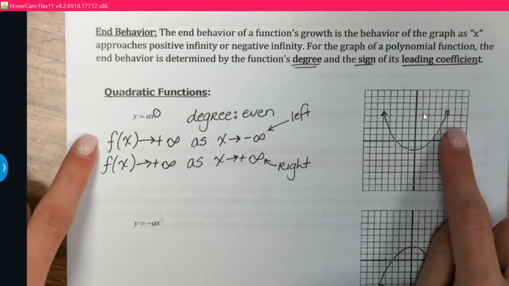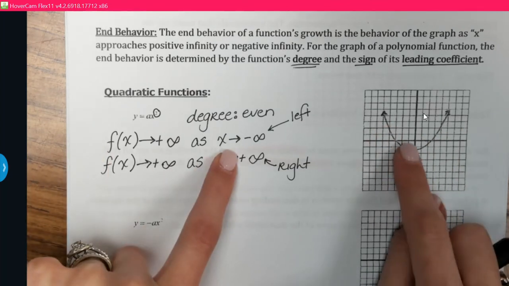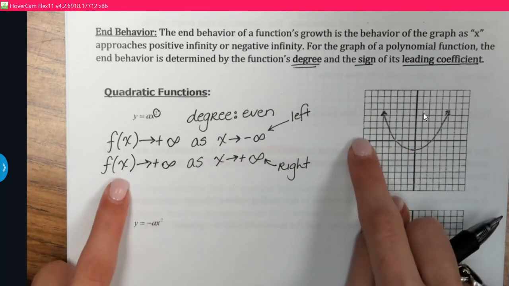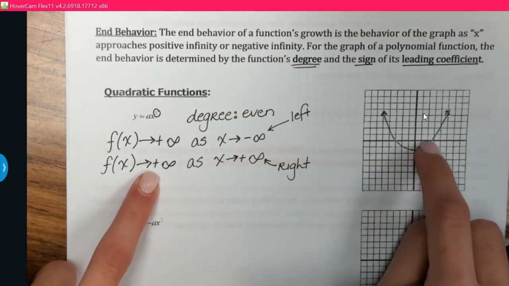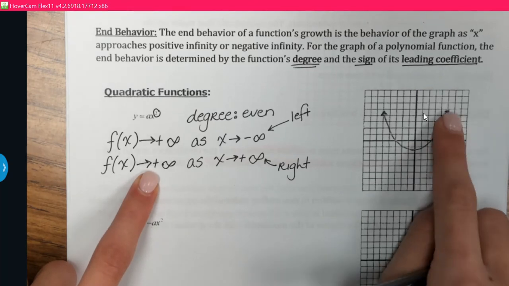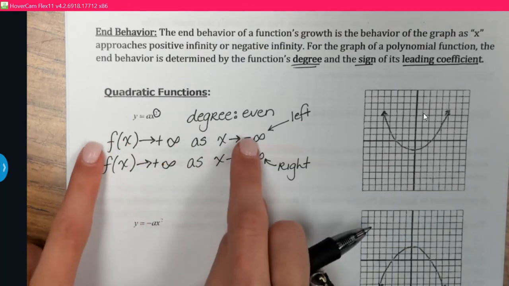So my function approaches positive infinity as x approaches negative infinity, as in my function is going up as it goes left. My function approaches positive infinity as x approaches positive infinity, as in it goes up as it goes to the right. So pretty much, this is your template.